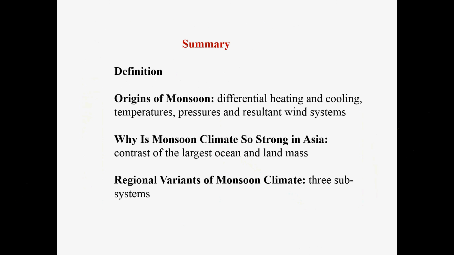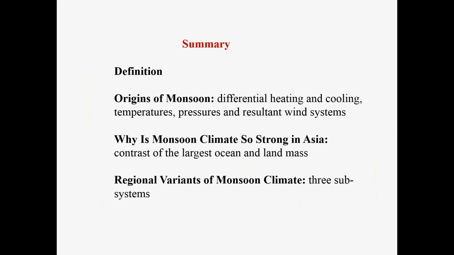We also talked about origins of the monsoon climate. We mentioned differential heating and cooling, differential temperatures and pressures, and resultant wind and precipitation patterns. We also explained why the monsoon climate is so strong in Asia.